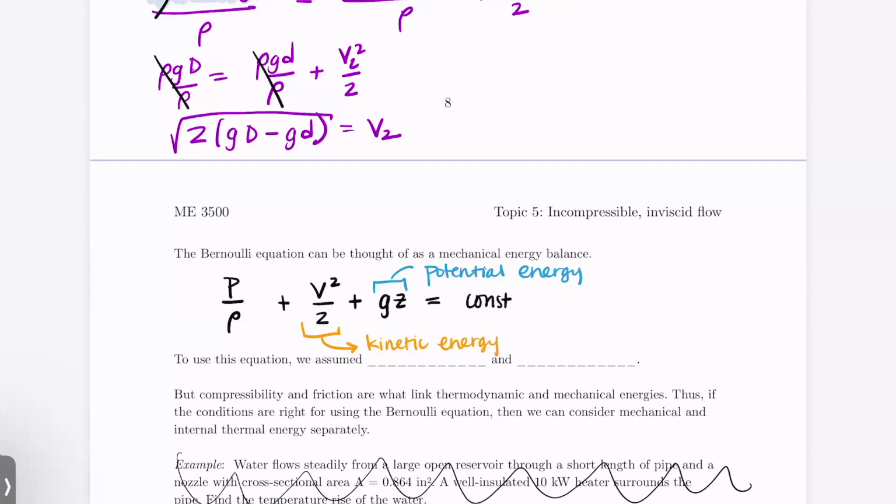And then you can think of P over rho as flow energy. All right, and so by saying that these 3 terms are going to be equal to a constant over a streamline is basically just saying that going from point 1 to point 2, we can kind of redistribute which buckets the energy goes into, but the total amount of energy has to stay the same. Okay.